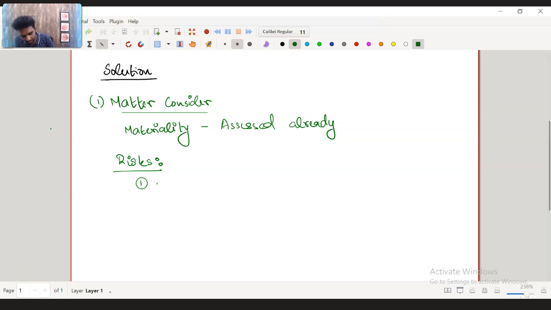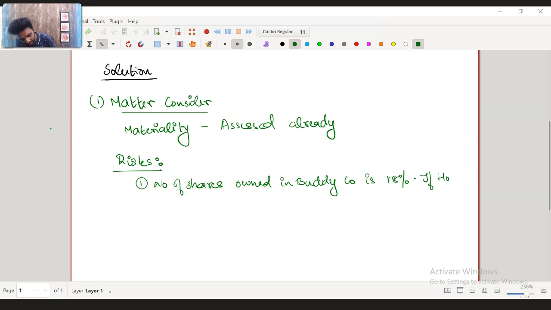So what you can write is the number of shares owned in Buddy Co is 18%, right?